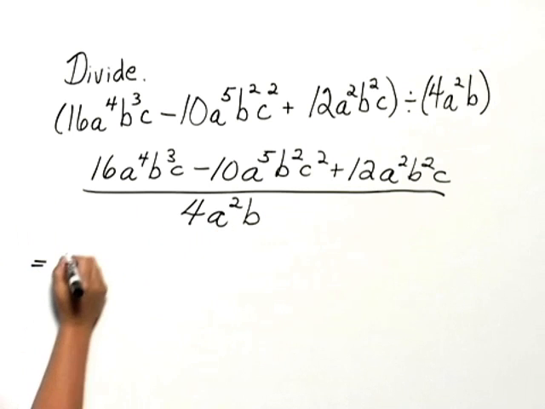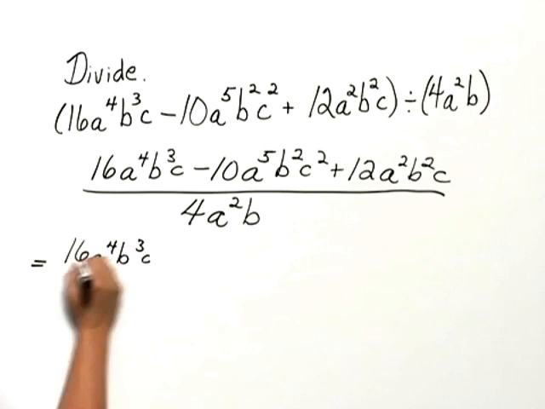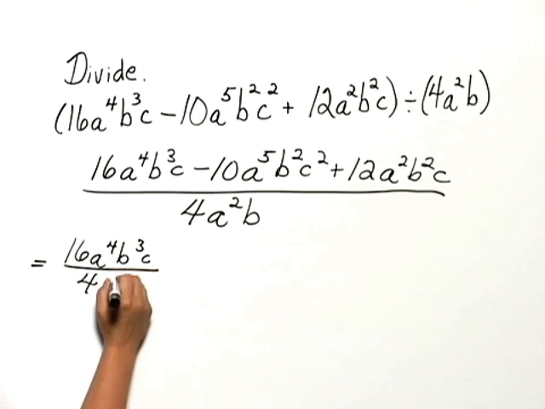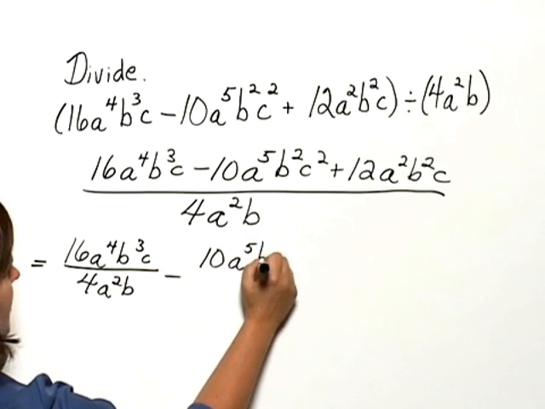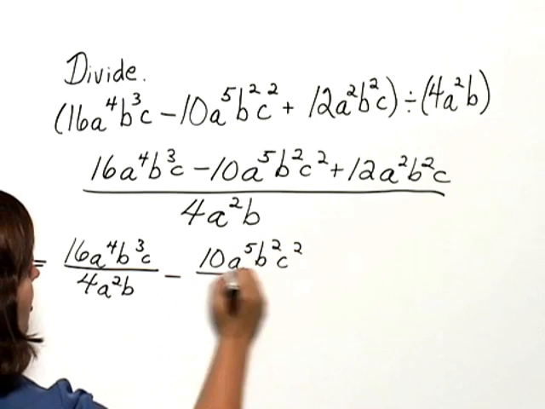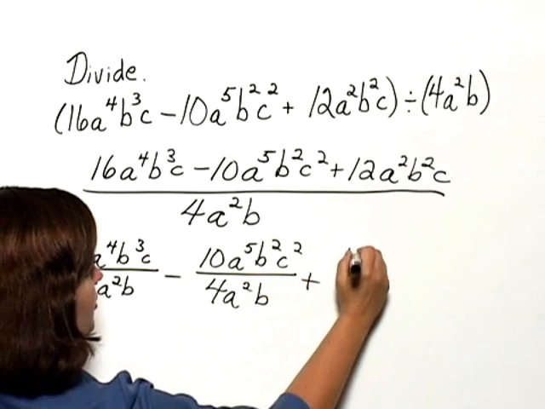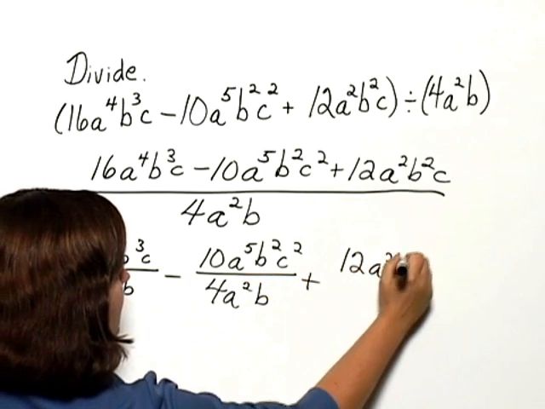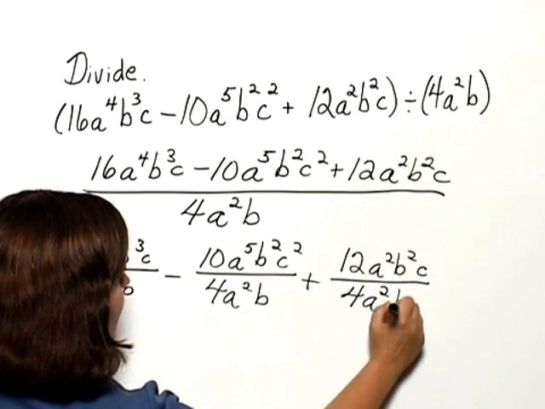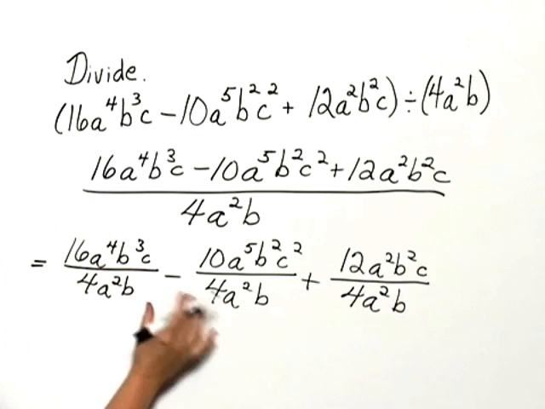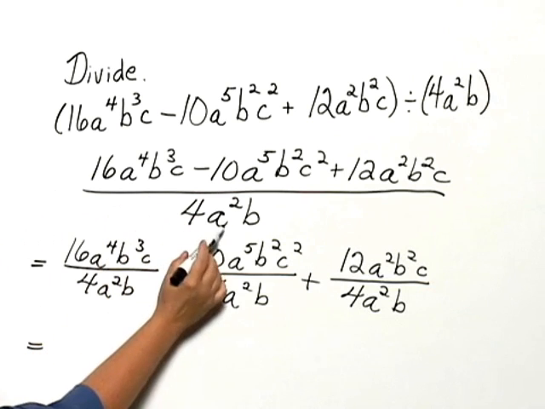In other words, we can think of this as 16a^4b^3c over 4a^2b minus 10a^5b^2c^2 over 4a^2b plus 12a^2b^2c over 4a^2b. And this is a step you wouldn't necessarily have to do if you can do the division mentally each time. You have to be sure to divide each of these terms by the denominator.